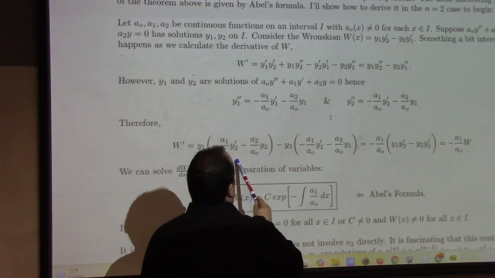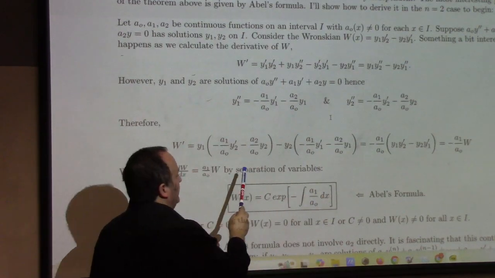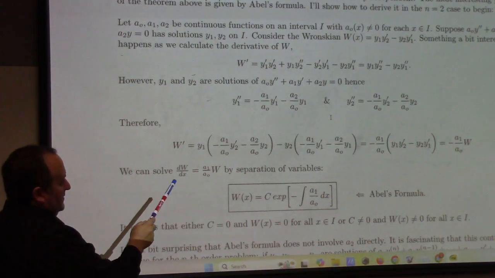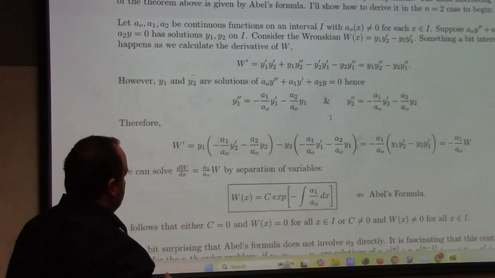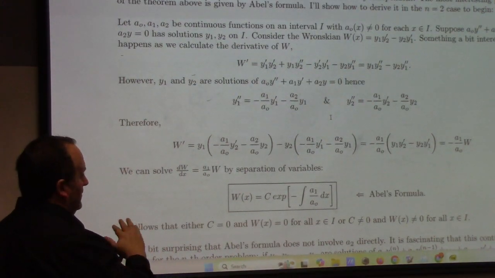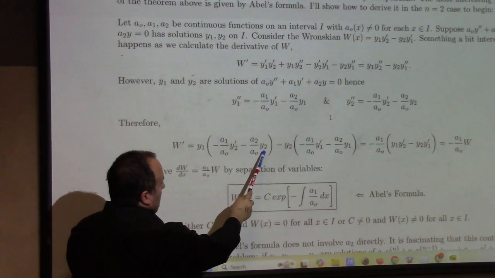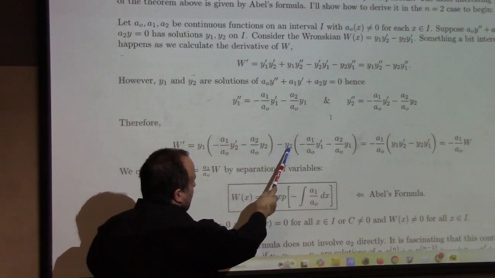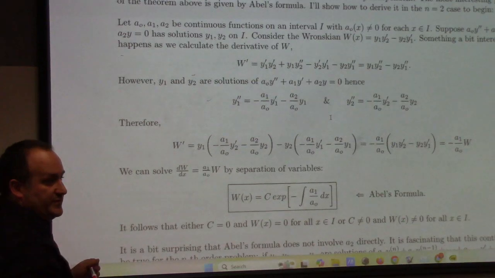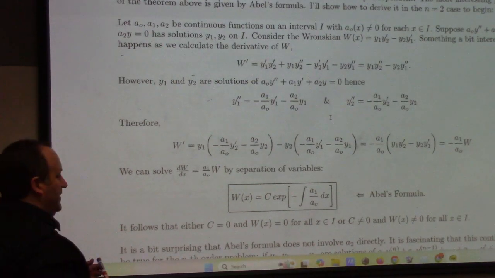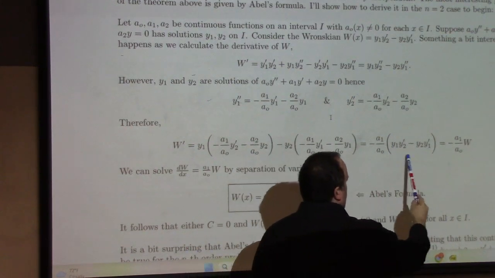Then you see something else cancels, doesn't it? Did you see? I've got a minus y1 a2 over a naught y2, and here minus y2 a2 y1 over a naught. So those cancel, and you're just left with the terms with derivatives, times minus a1 over a naught. So this, but what's this?